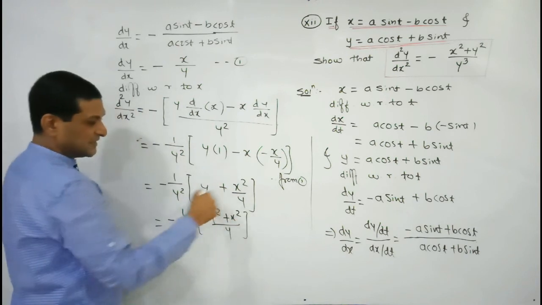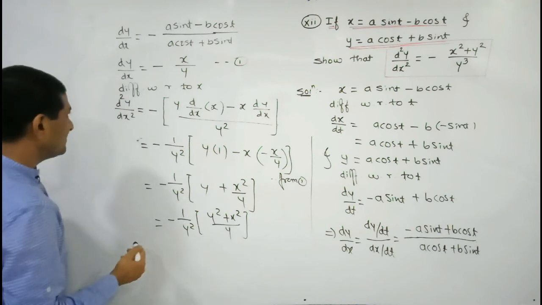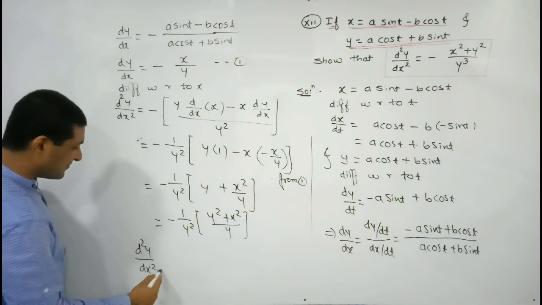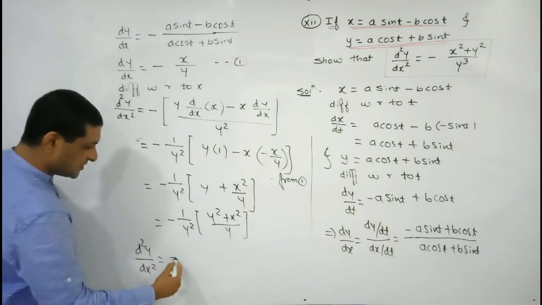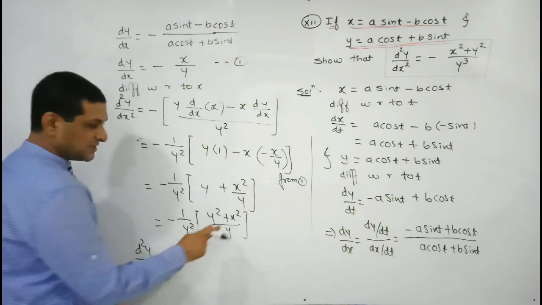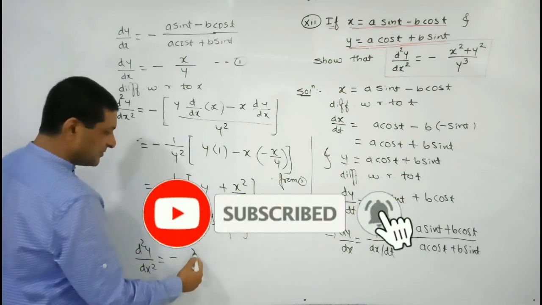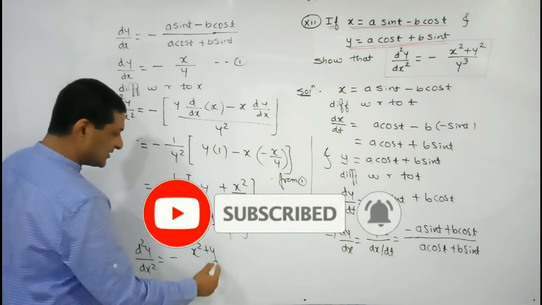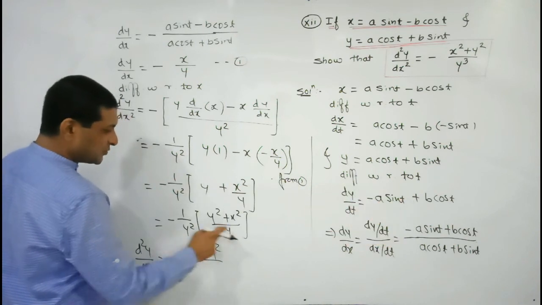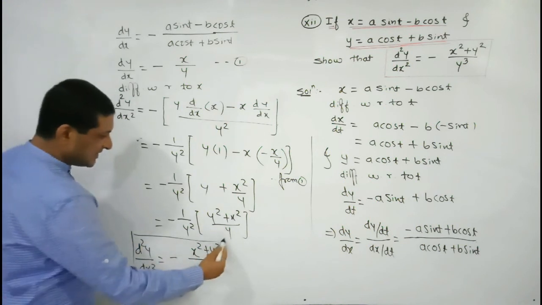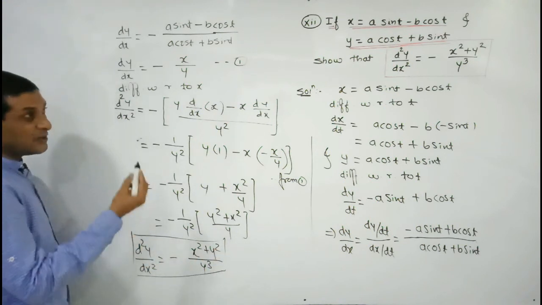So d2y upon dx square will be equal to, we are not disturbing this minus, keep it as it is. In the numerator, y square plus x square can be written as x square plus y square, and in the denominator y square into y will become y cube. And check that it is our required value of the second order derivative.